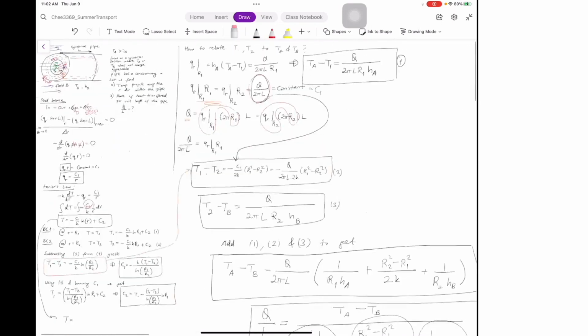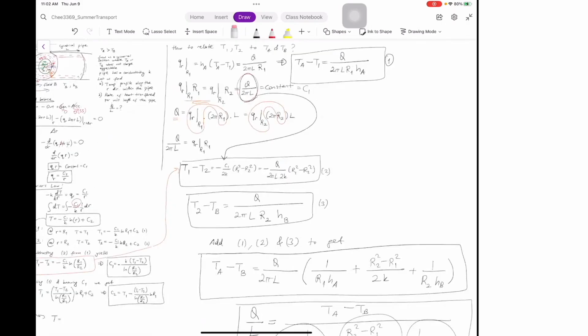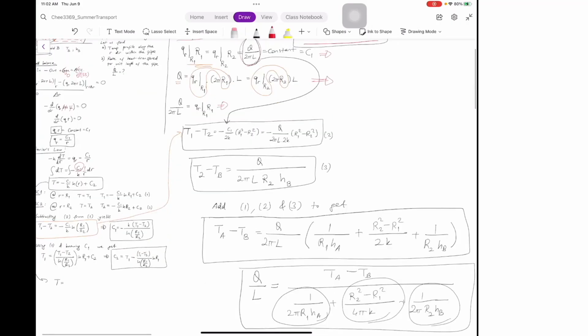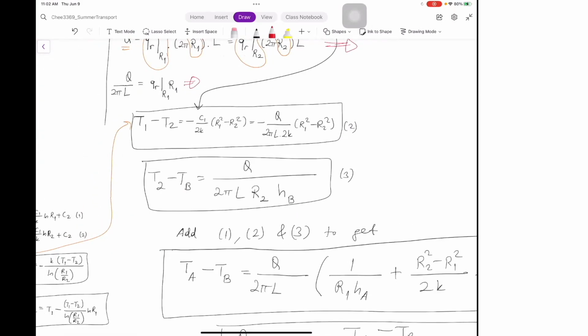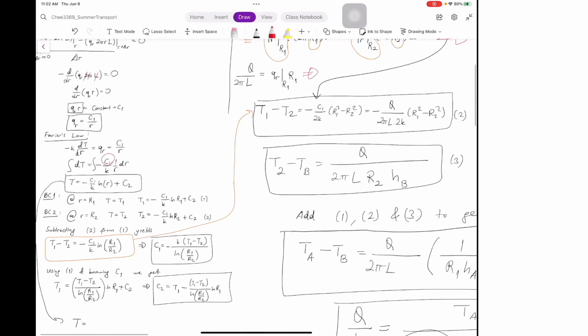And then let's go back to this, how to relate T1, T2, and so on. There's nothing wrong in here, correct? And this is correct. These arguments are all valid still. This is correct. But here, let's write down the T1 minus T2 back again and plug in the C1 there.